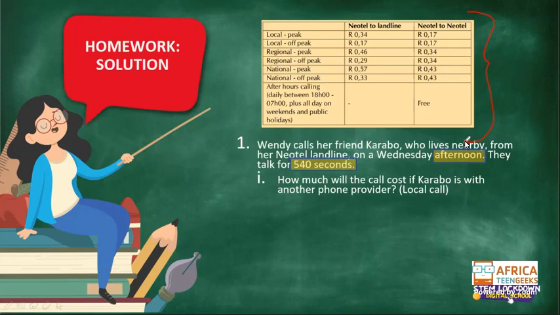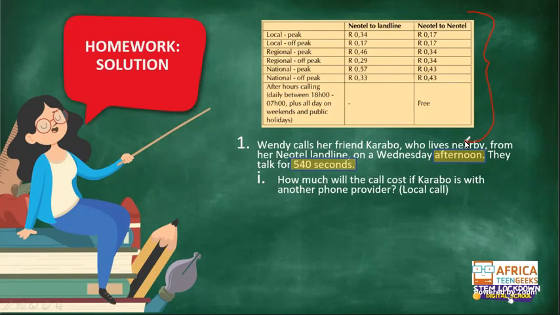Why would we have to know it is on a Wednesday afternoon? It is an important part of this question. Anybody? Why is it important that we know it's on a Wednesday afternoon? Maybe the price would change on other days like the weekend.